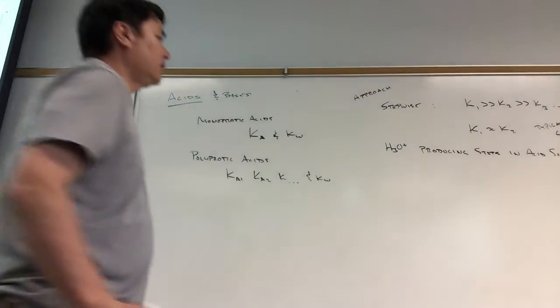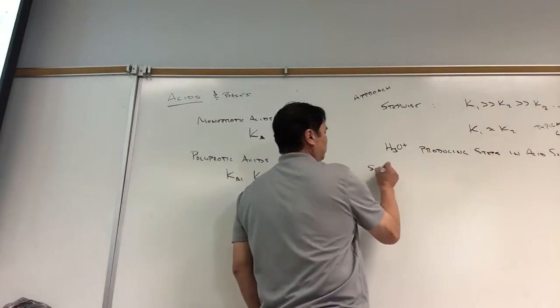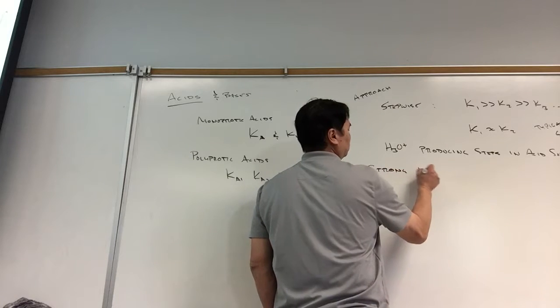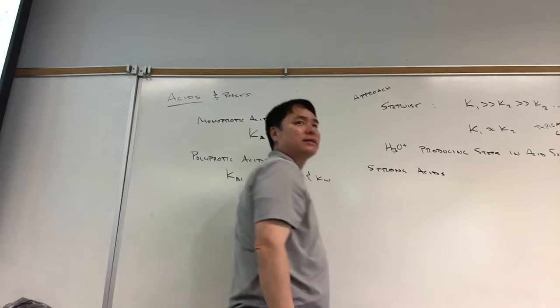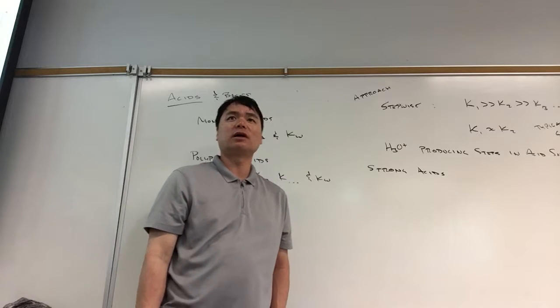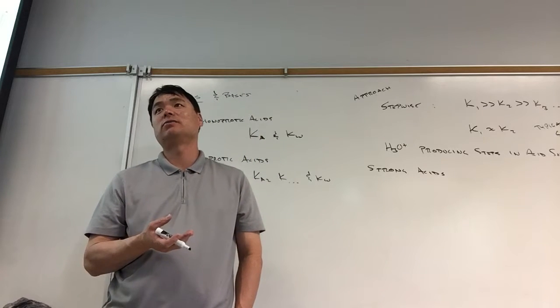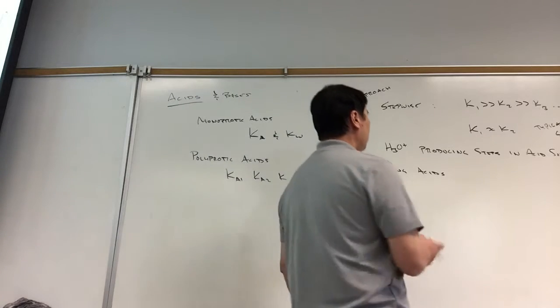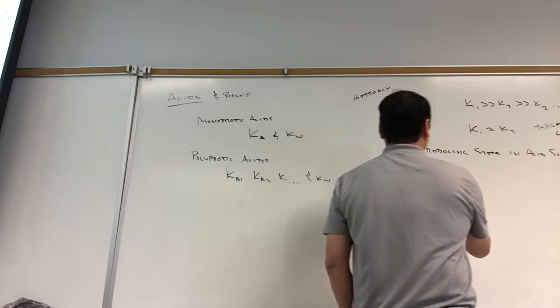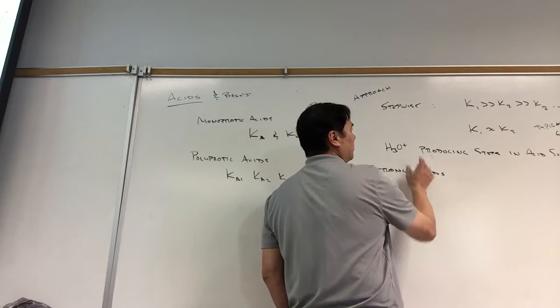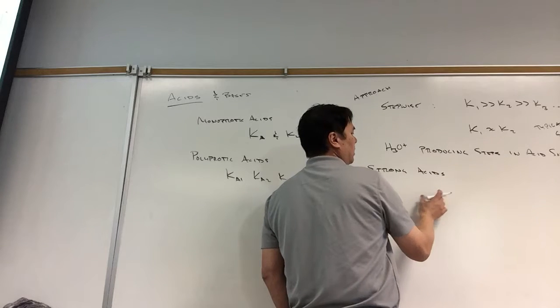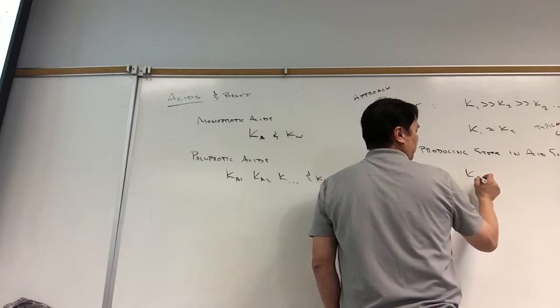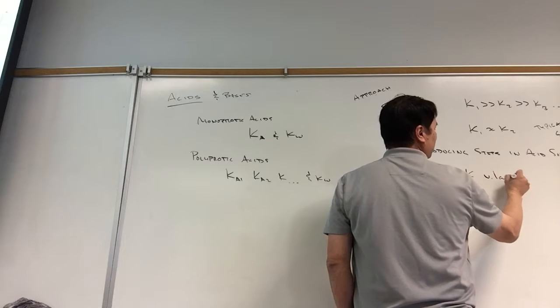And so if we're looking at a strong acid, strong acids are strong electrolytes. Strong electrolytes ionize 100% or hydrolyze 100%. An example of a strong acid would be HCl. When we look at the K value for HCl, it just says very large.